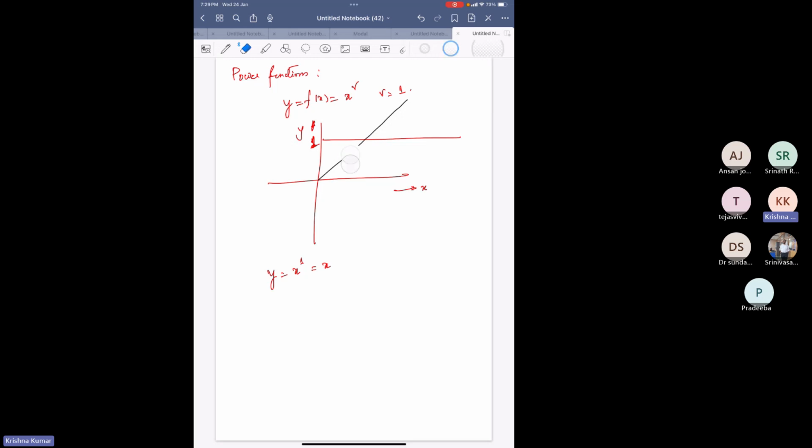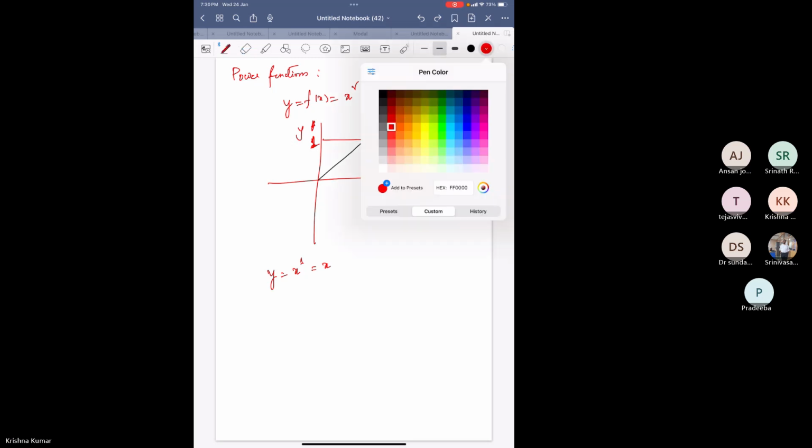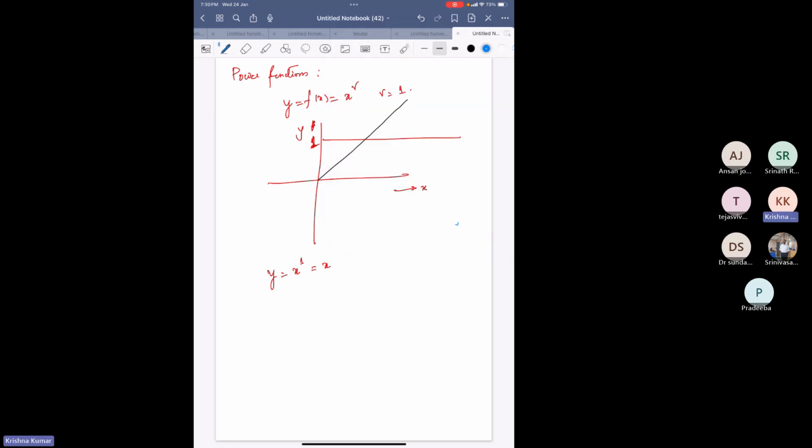So whatever x you take, the same value. So this angle is 45 degrees. We will see why it's 45 degrees. So it's a straight line.